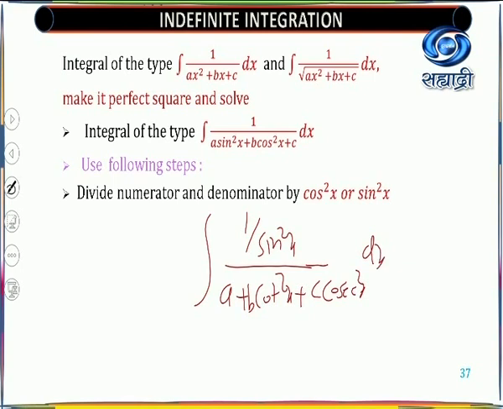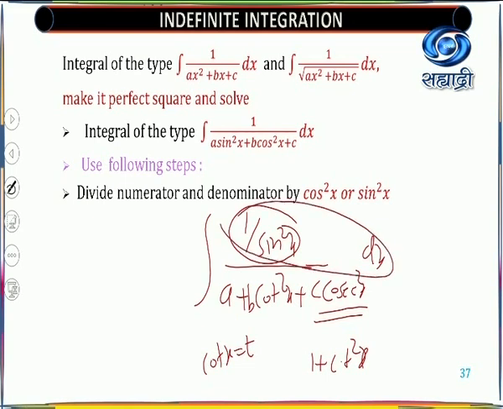Here again you have an identity: cosec square x is equal to 1 plus cot square x, and that identity gives you the complete denominator in terms of cot square. If you substitute cot x equal to t, by differentiating, your numerator becomes minus dt. Why minus dt? Because the derivative of cot x is minus cosec square x dx equal to dt.